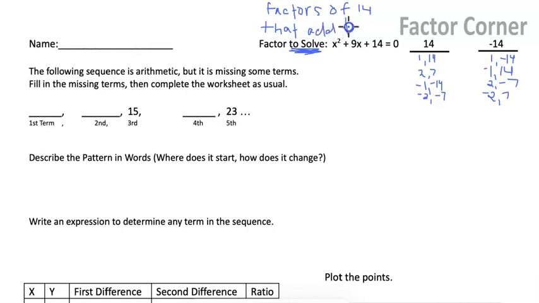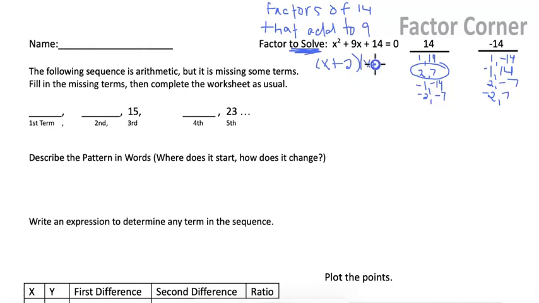And so in this case, my middle coefficient is positive 9. So in my list, I should be looking for the factors of positive 14, so meaning in this list, that add to 9. So hopefully you circled these ones. Those are our winners. So that means I factor into x plus 2 times x plus 7.